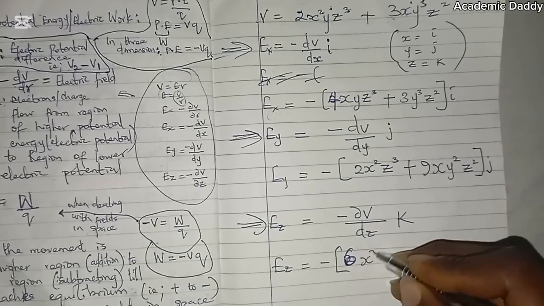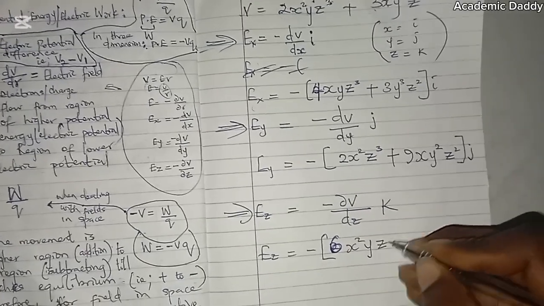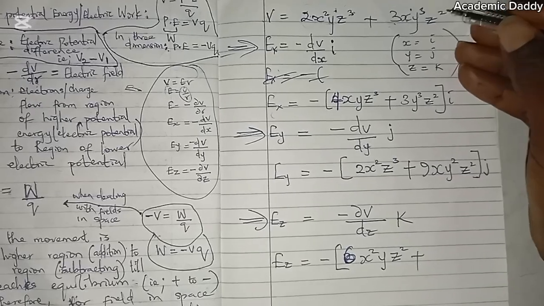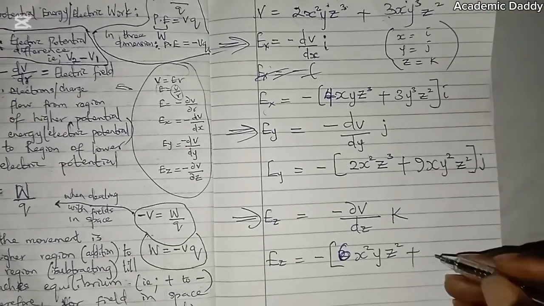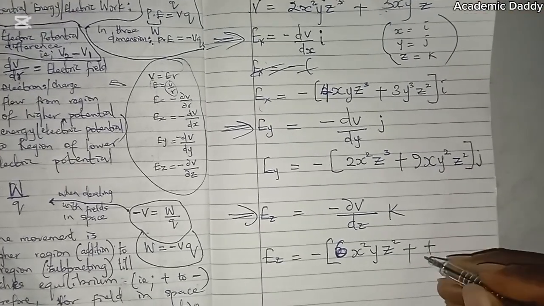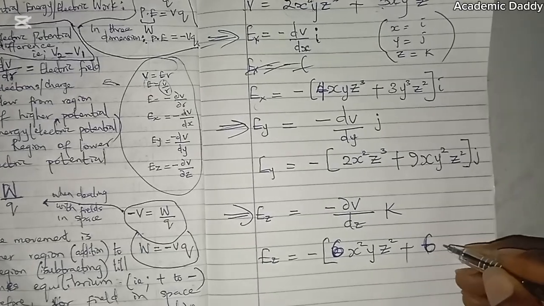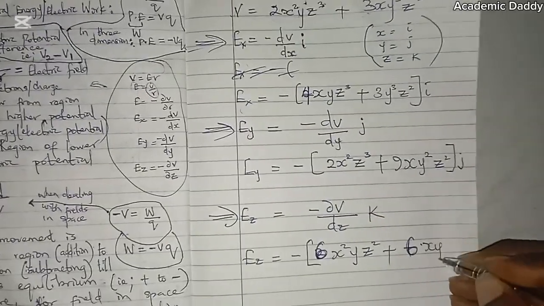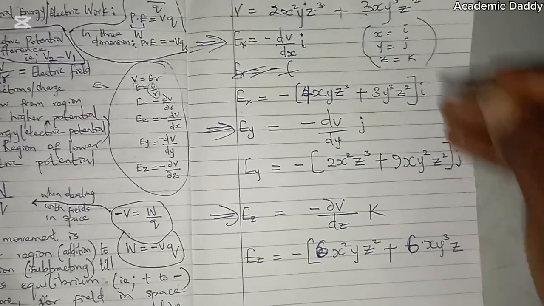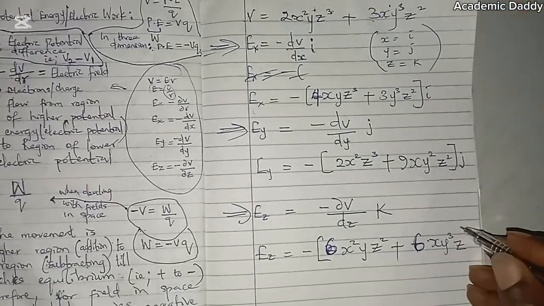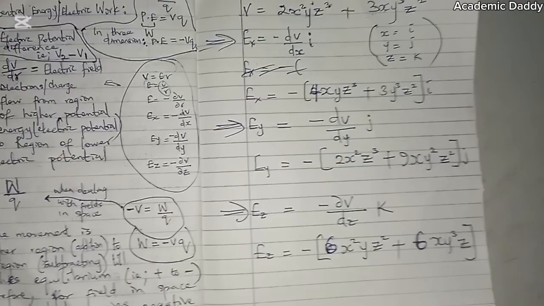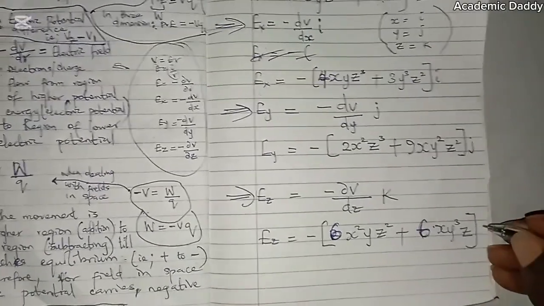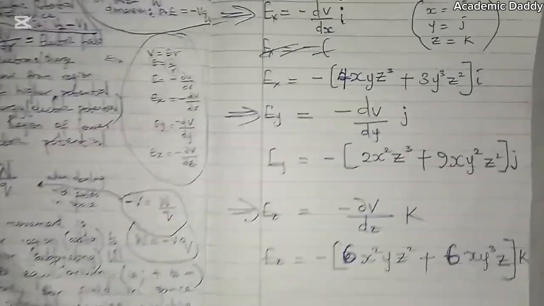So 6x squared y z squared, plus 2 times 3, 6 again, plus 6xy cubed z, because 2 minus 1 is 1. So at this junction, you put k.